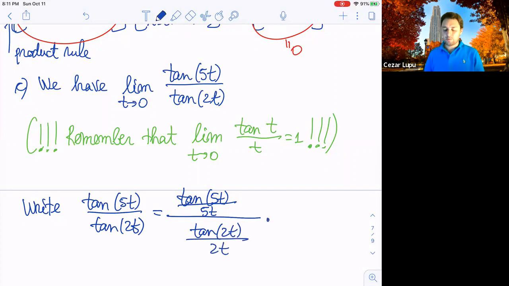And now let's see, we multiply this. So this would be 5 times, 5t over 2t if you want, right? So we can write it in this way.